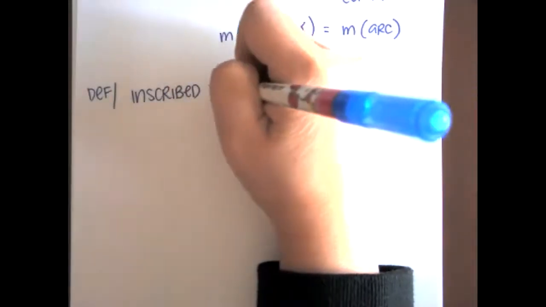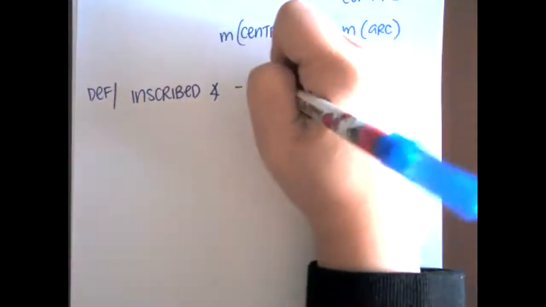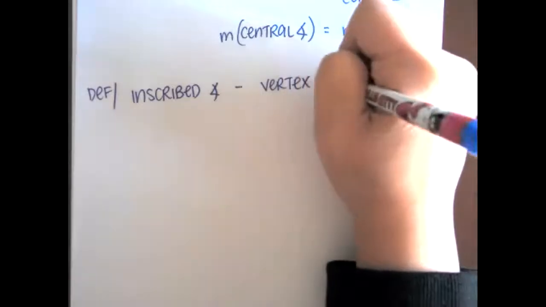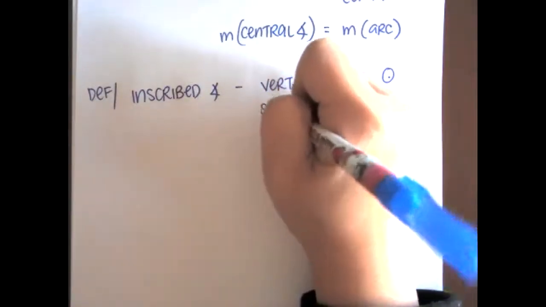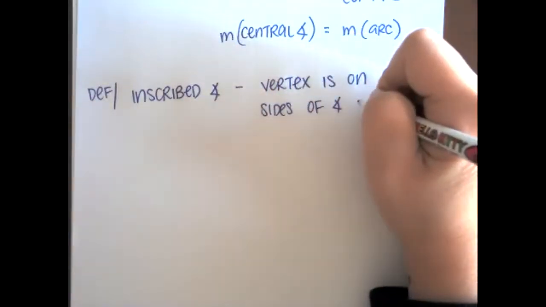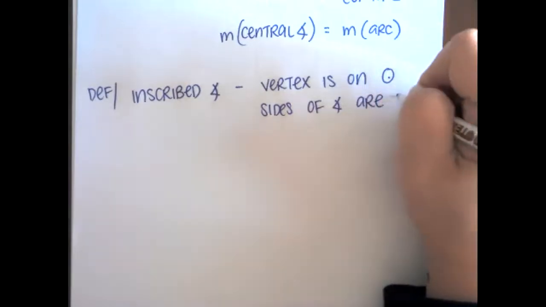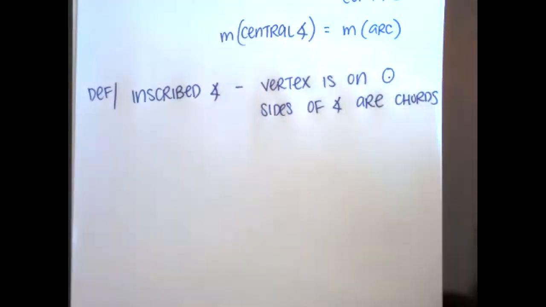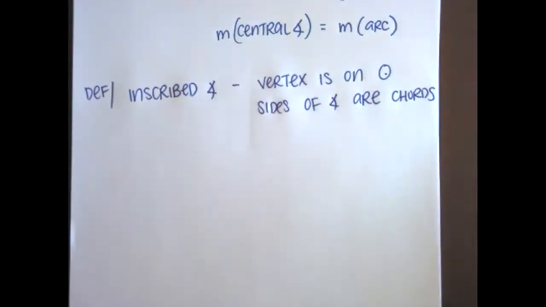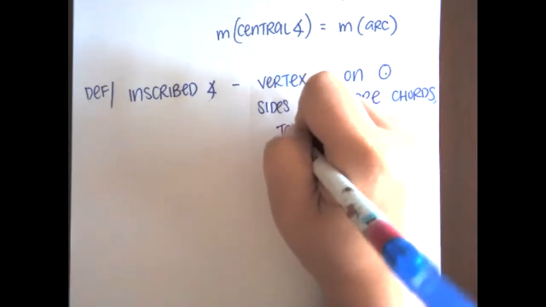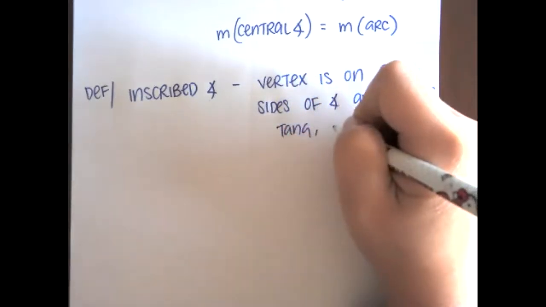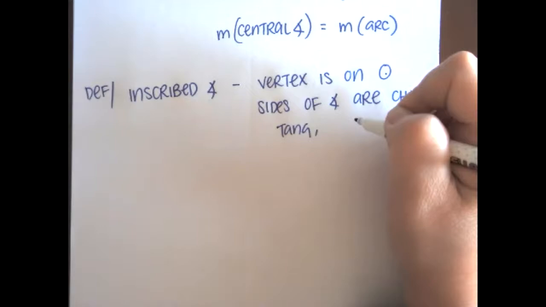An inscribed angle: the vertex is on the circle, and the sides of the angle are chords. They could be chords, they could be tangents, they could be secants too, actually.